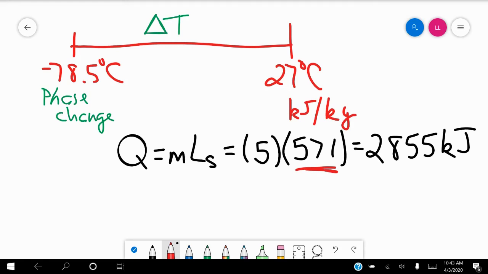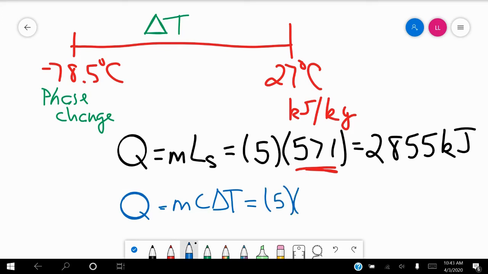The second heat is now the temperature change. So we're going to use our mcΔT formula, and we're going to go from negative 78.5 to 27 degrees. So 5 kilograms times the specific heat of carbon dioxide, which is 0.79, times the temperature change, which was 27 degrees minus negative 78.5.